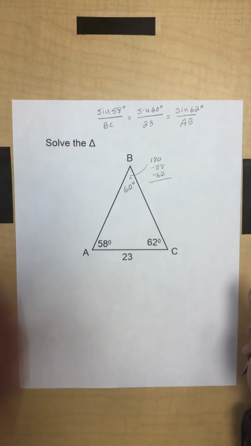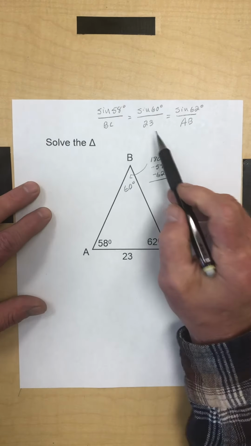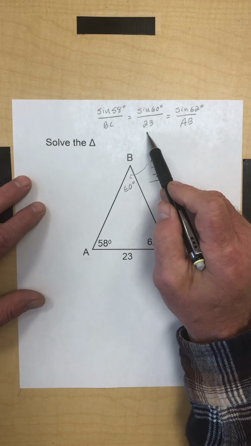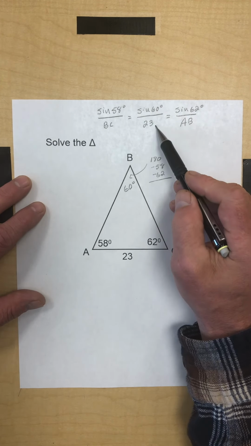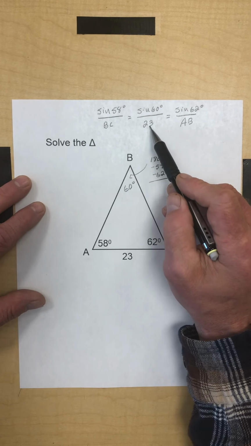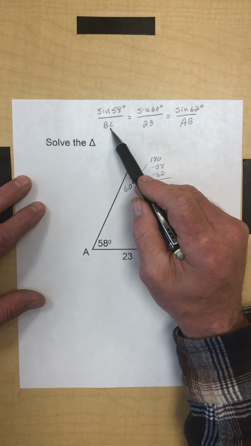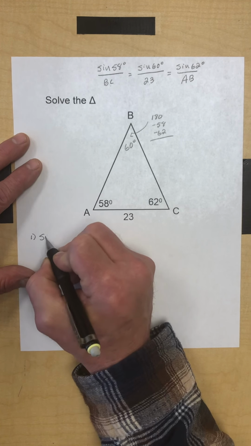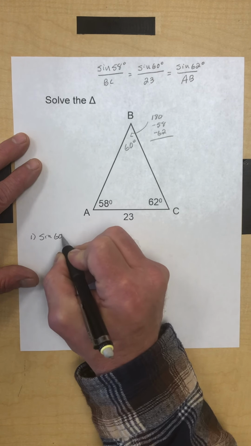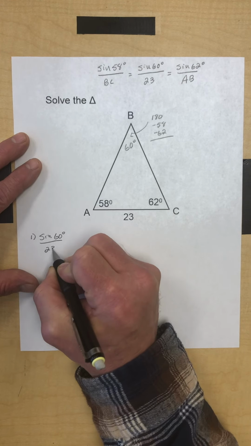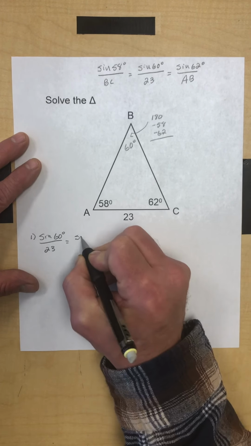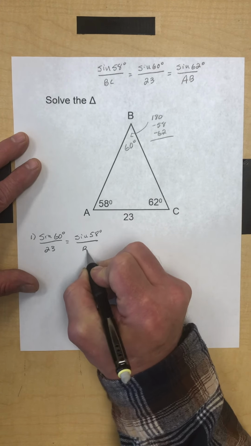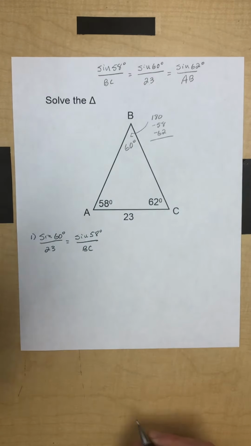Okay, so we take a look at those three ratios. Notice the guy in the middle is my cornerstone because it's the only one out of the three ratios where I know the numerator and know the denominator. So I'm going to set that guy equal to this guy and solve for BC. So I'll say the sine of 60 over 23 is equal to the sine of 58 over BC. And then I take the cross products.